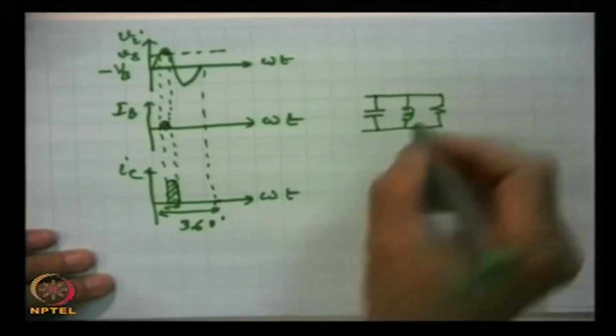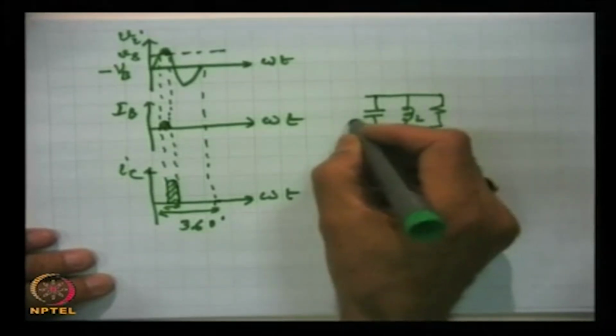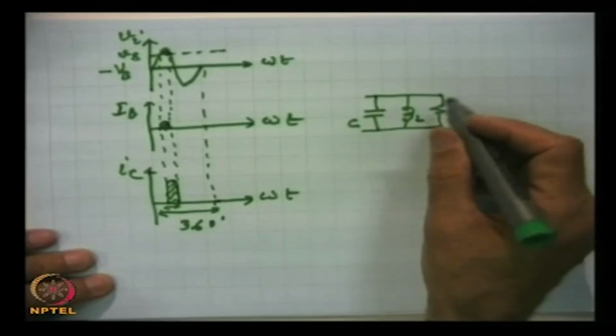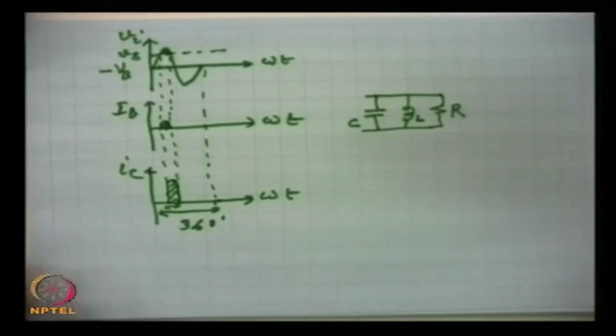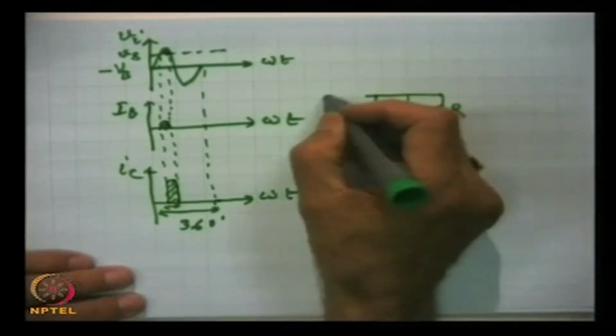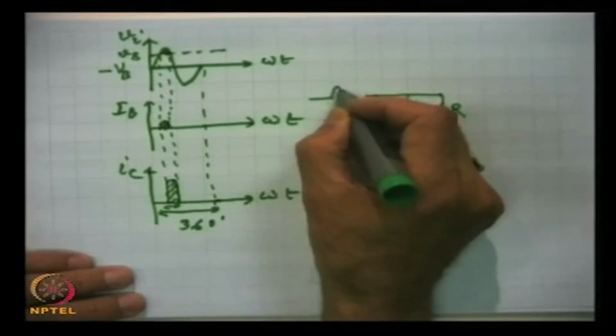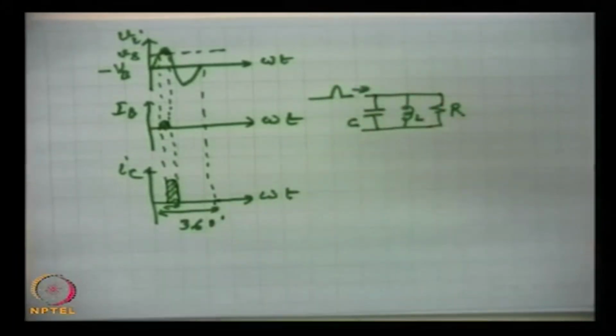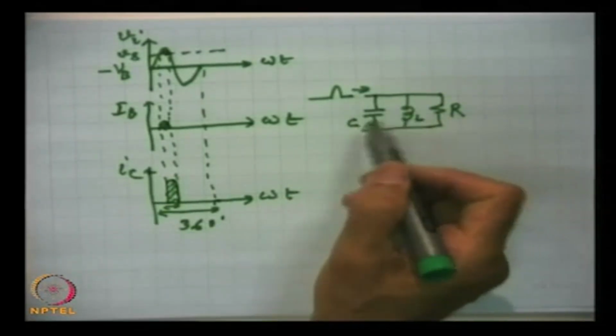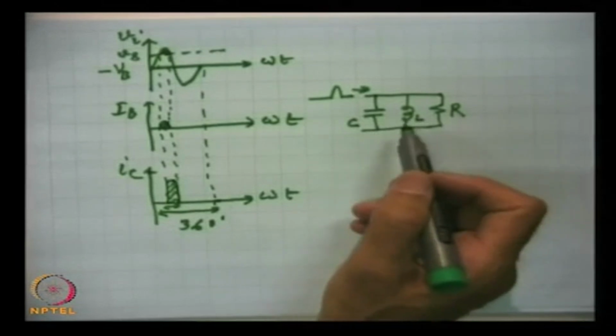This is L, this is C, and this is the effective R, and this current pulse is striking this LCR circuit.